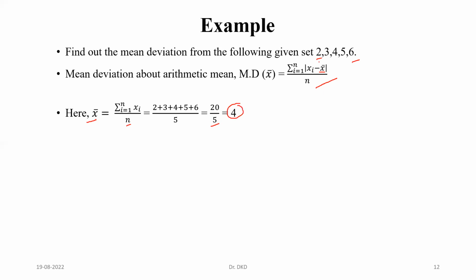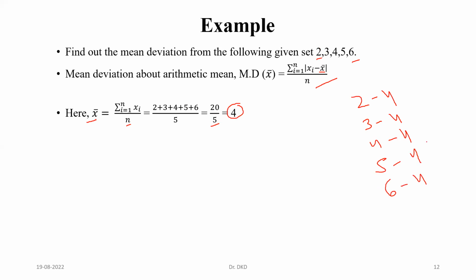Once we have x bar, we subtract it from each xi: 2 minus 4, 3 minus 4, 4 minus 4, 5 minus 4, and 6 minus 4.